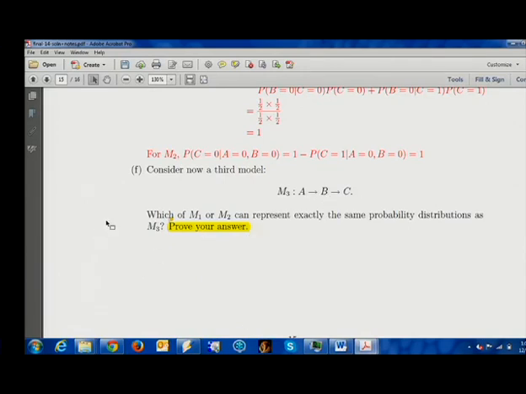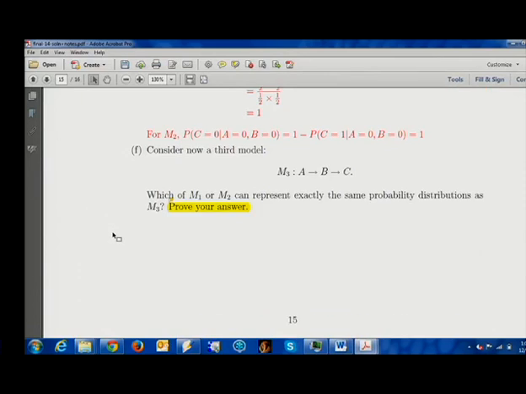And I'm asking which of M1 or M2 can represent exactly the same probability distribution as M3. What do I mean? What does it mean to represent exactly the same probability distribution?